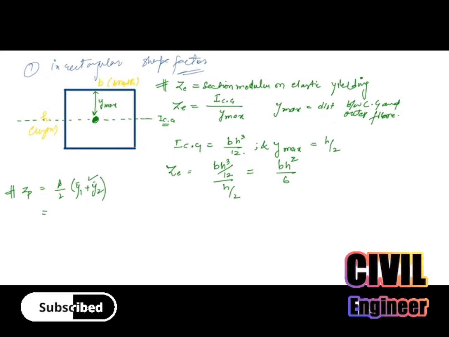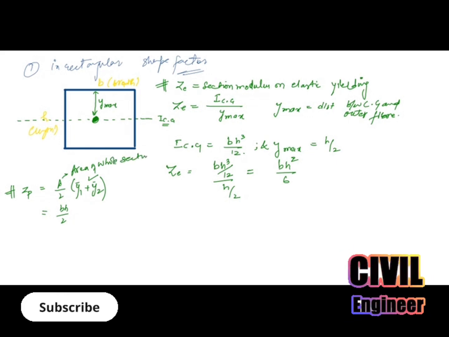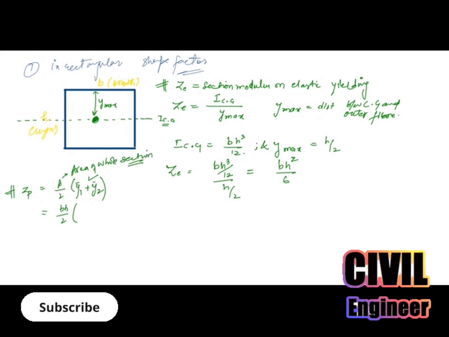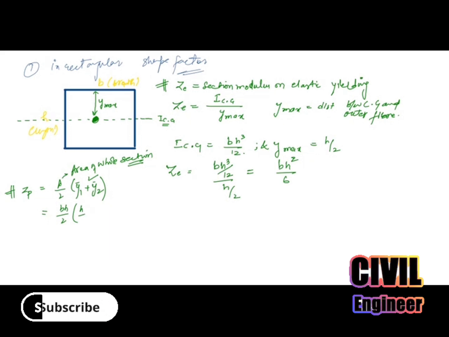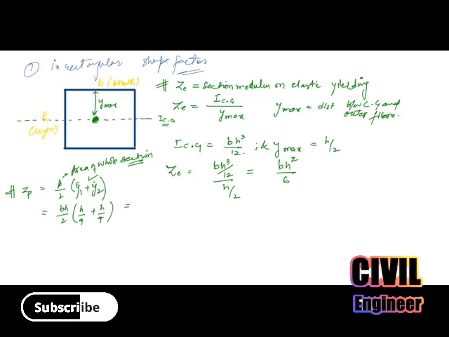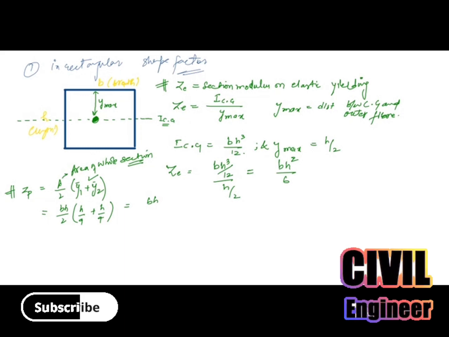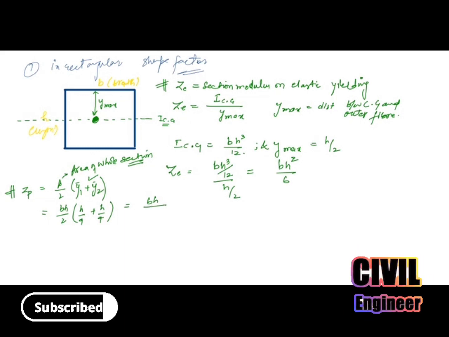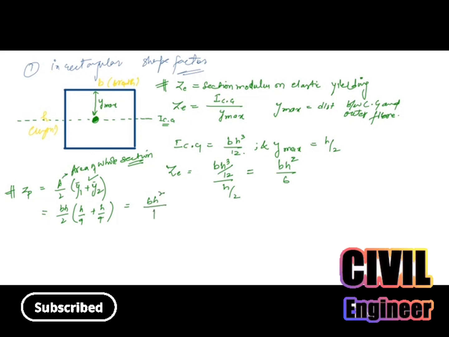This is simply A by 2, that's B into H by 2. A is the area of the whole section. Then A by 2 times (H by 4 plus H by 4) will be BH divided by 4, that is BH square divided by 4.